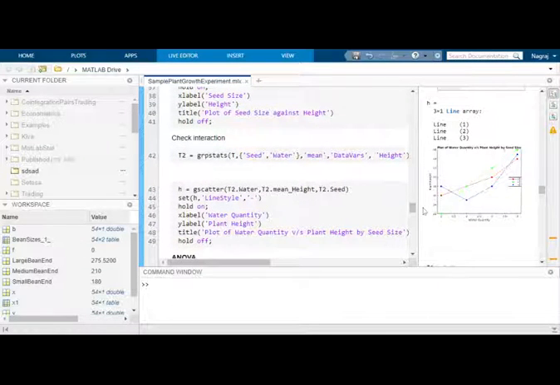So now what I'm doing is something called ANOVA, and all it basically does is find which two combinations are statistically significant. So first, I check the interaction plot of water quantity and plot versus plant type.